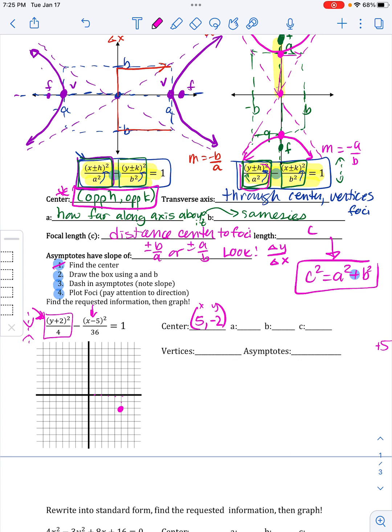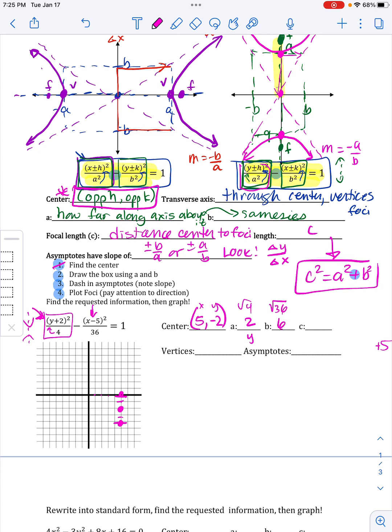Now I'm going to draw the box using A's and B's. Okay, so underneath the y is a 4. So the square root of 4 is going to be 2, and it's going in the y direction. So in the y direction means 2 up, 2 down. Those are going to be my vertices. B, doesn't matter which one's greater or smaller. This one's a 36.